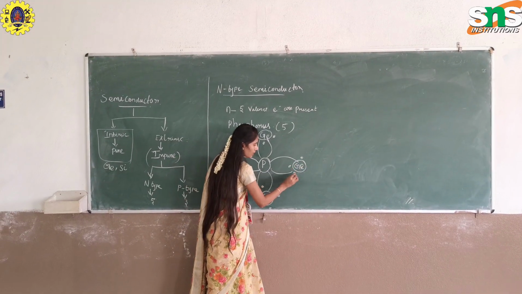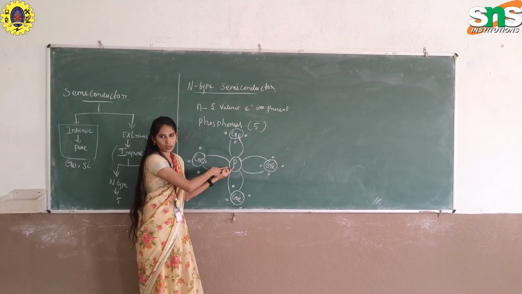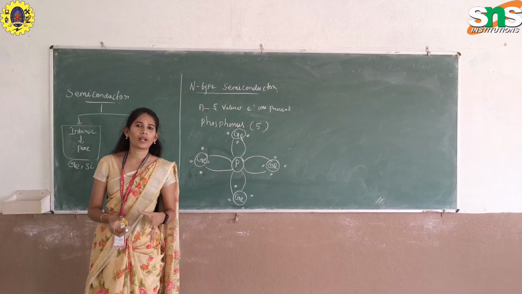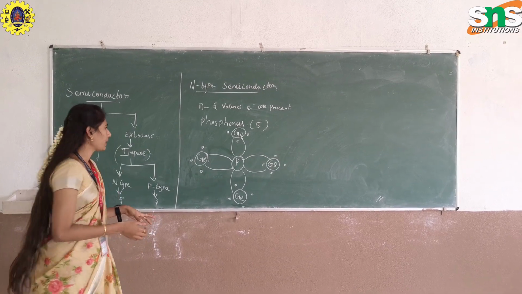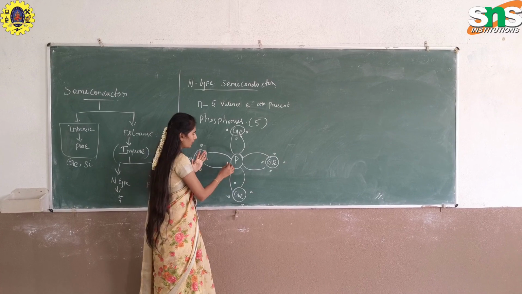This germanium is doped with phosphorus. Phosphorus is the impurity atom. What is the purpose of adding impurity? To improve conductivity. Phosphorus has 5 valence electrons.